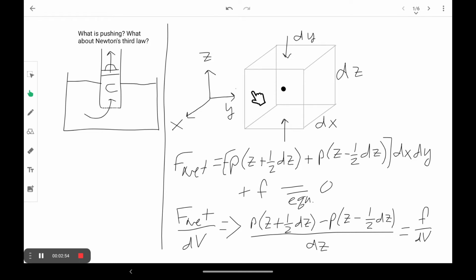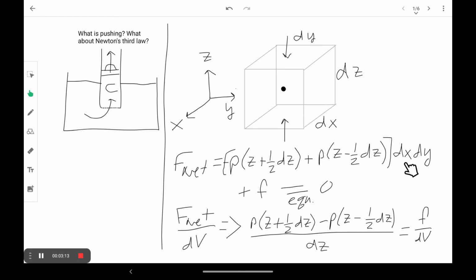Because of our knowledge of buoyancy, the fluid above this is pushing down on it with some pressure. So there's a negative sign because it's pointing down. I've chosen up to be positive. So negative, this pressure, whatever it is, at z plus 1/2 dz, because that's the surface here.